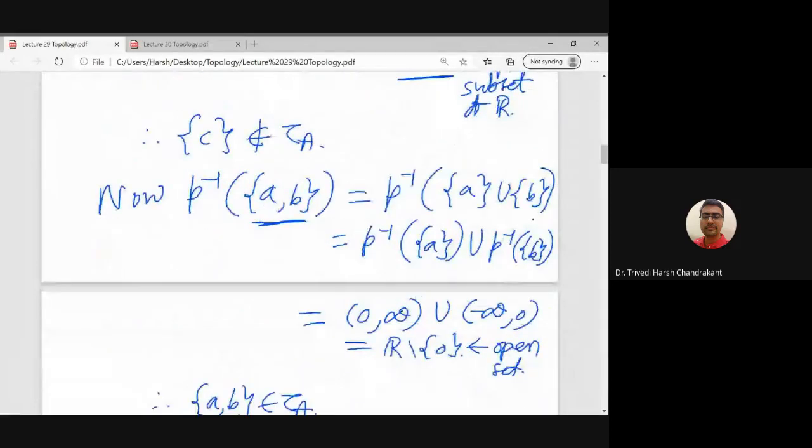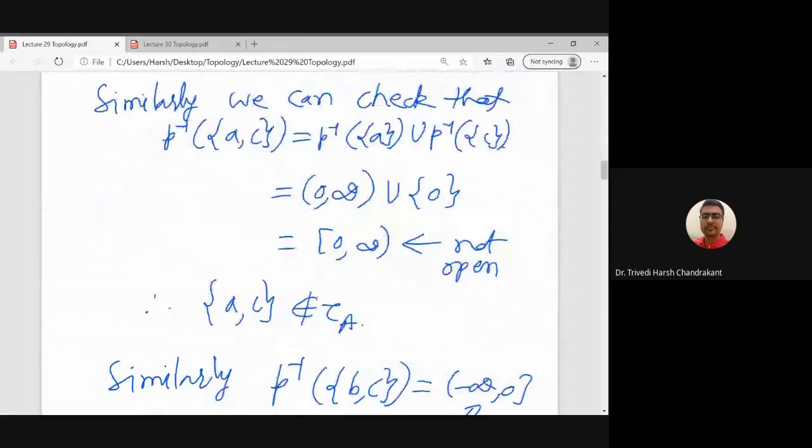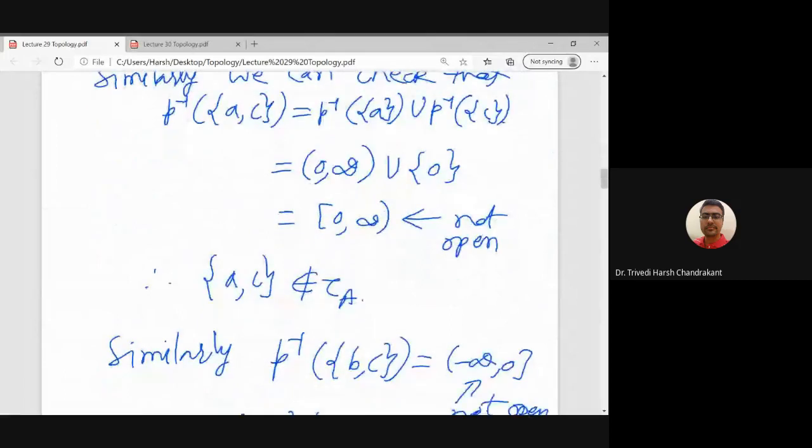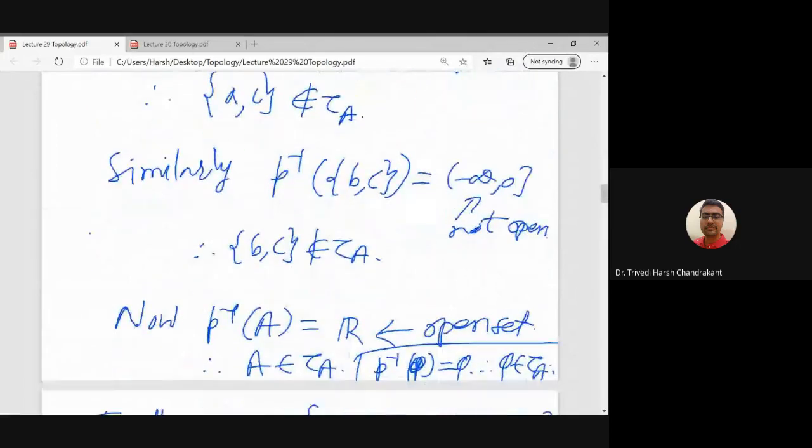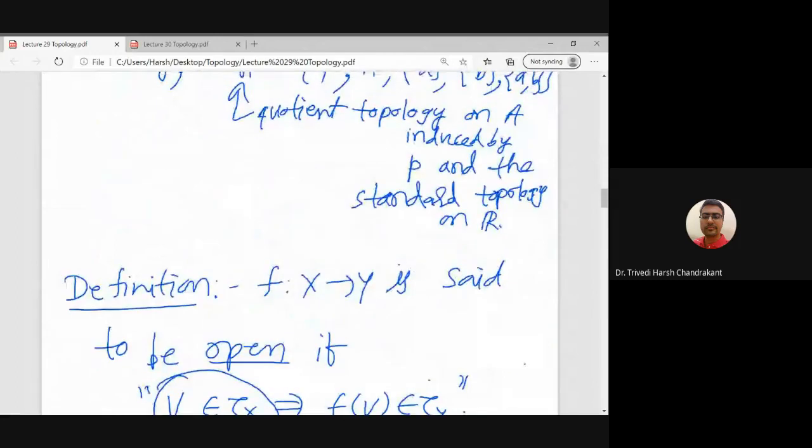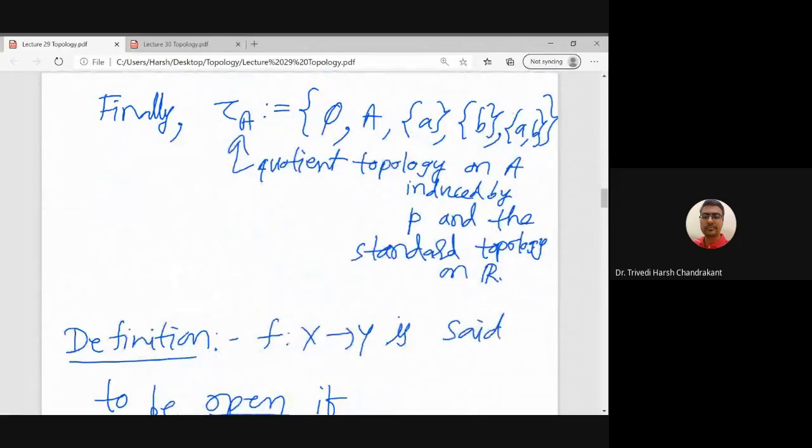In this way we found all the open subsets of codomain A. There are only these 5 sets which are open subsets of A.